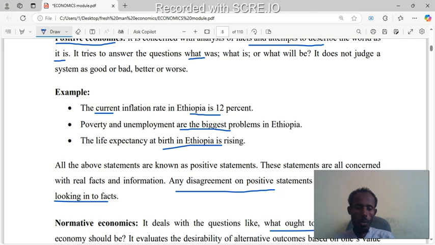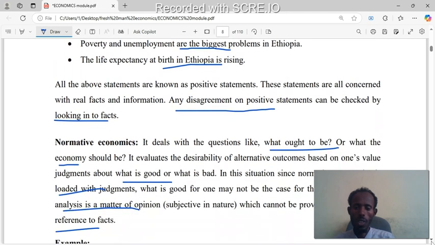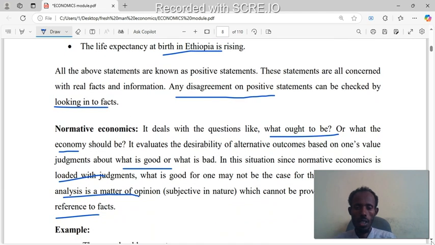Another one is normative economics. Normative economics deals with questions like what ought to be. There are alternatives. It is best if the situation is this, and it is not good if the situation is this.